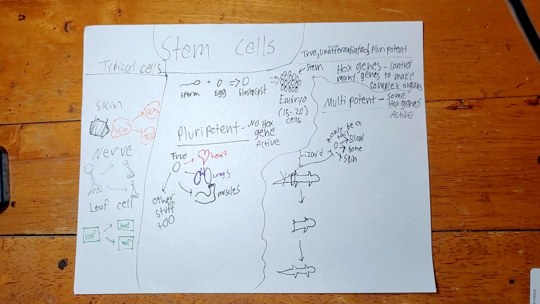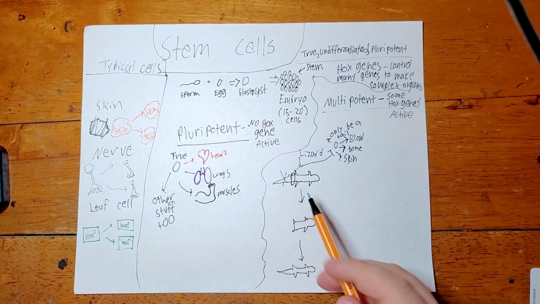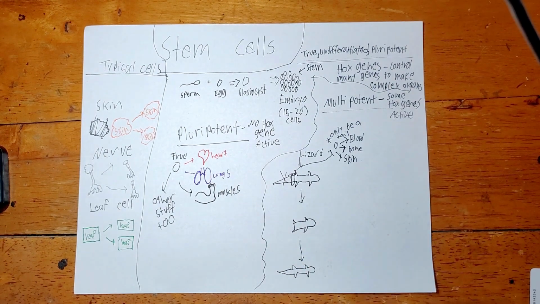But if you think about a tree, if you cut off a leaf, roots aren't going to grow in its place. And if you cut off the roots, leaves aren't going to grow in its place, right? So plants can only regrow certain organs from certain locations, just like a lizard can only regrow its tail when it's cut off.